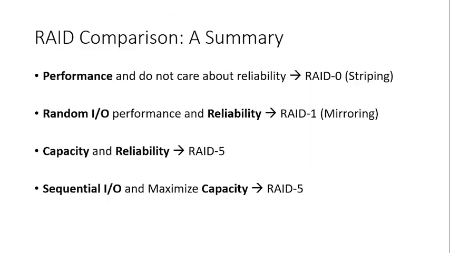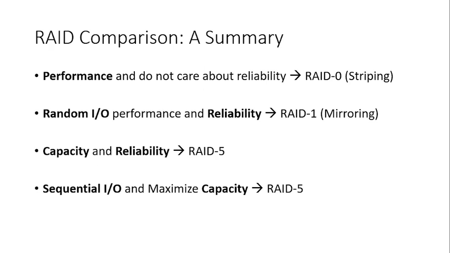Finally, we are going to conclude this session with the summary of RAID comparison. Based on performance, not on reliability, is RAID 0, that is striping. Random input output performance and reliability is RAID 1, mirroring, where there is a chance of duplication.